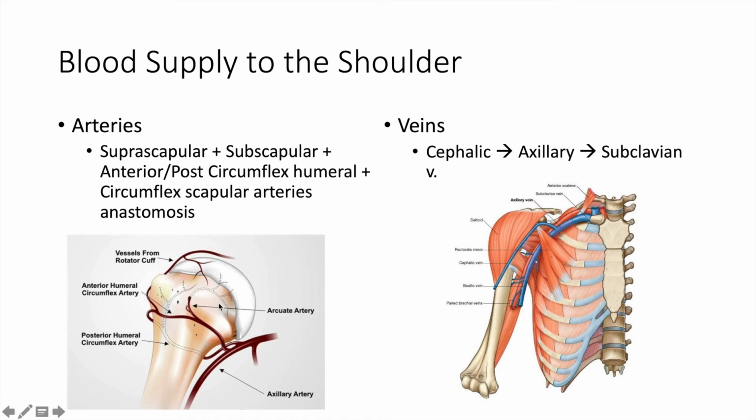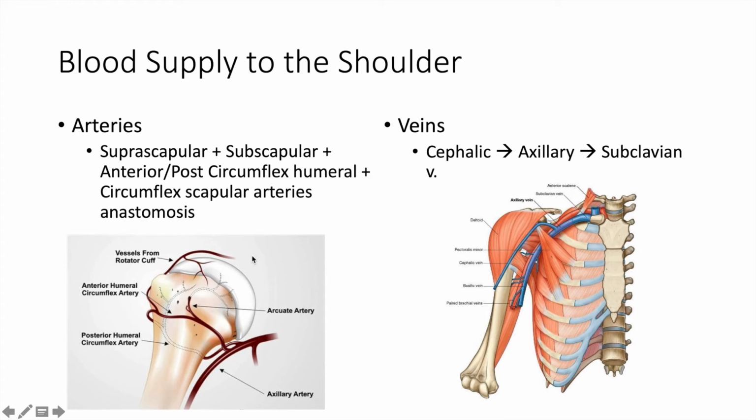So what in the world does that mean? Circumflex means around. So circumflex scapular is coming from my scapula. Anterior and posterior circumflex humeral come from the back and the front around my humerus.